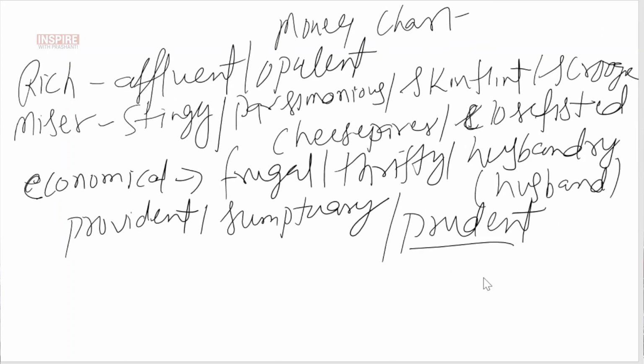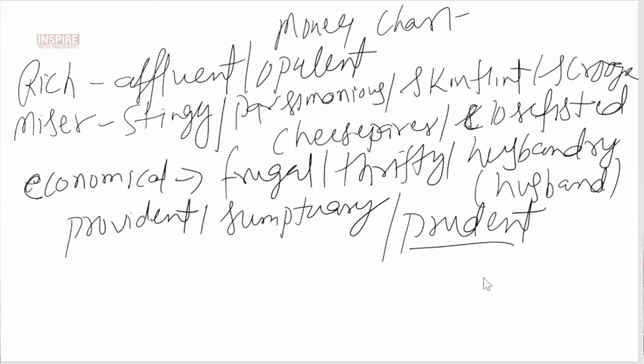Now, I would like to conclude and recap the money chart. You did so many words with just this one concept, and now your brain should have a separate box of money chart. You should know the words for rich people, poor people, people who are misers, people who are economical. What are the various words for somebody who cannot pay their debts?